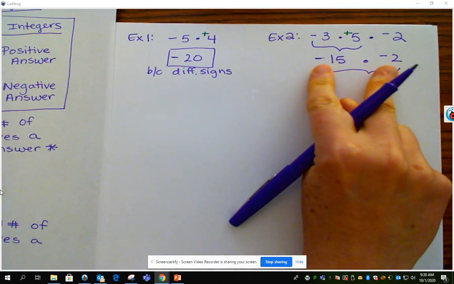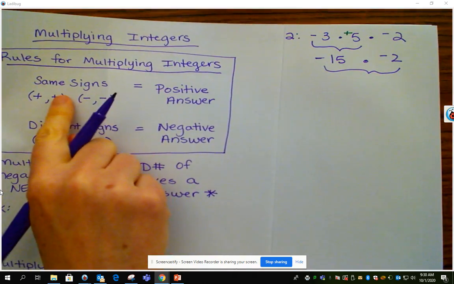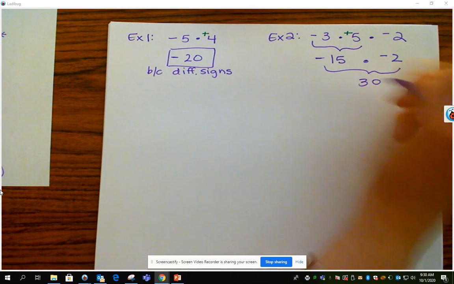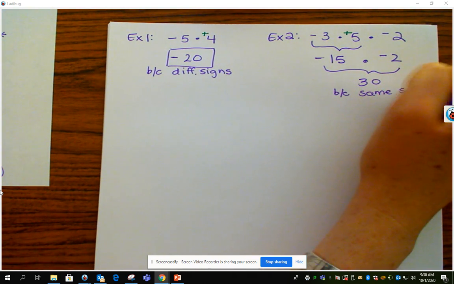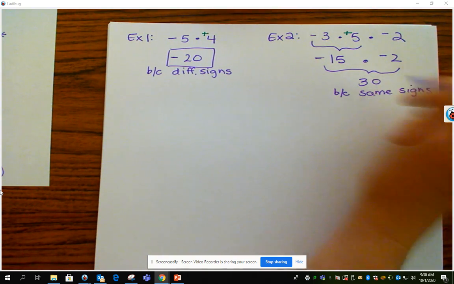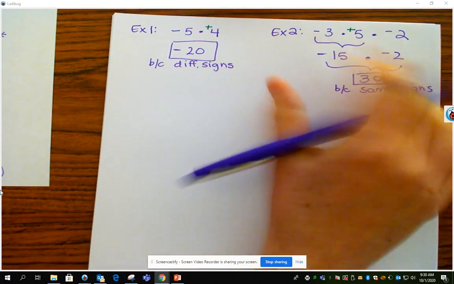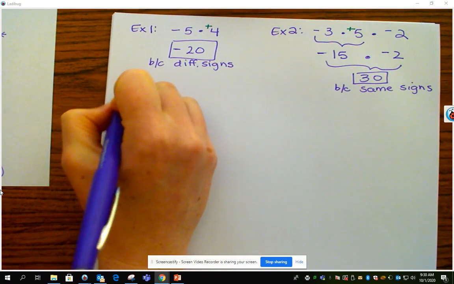Now I have the same sign, and my rules say that same signs gives a positive answer. So this would be positive 30 because they had the same signs. Okay, so this is what I would want you to do when you're showing your work in these type of problems.